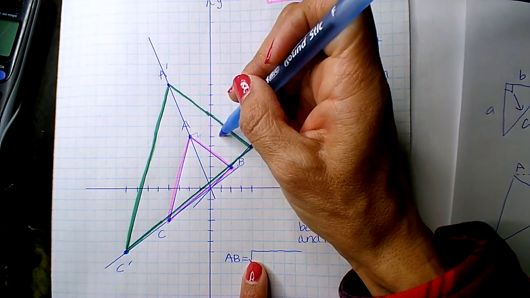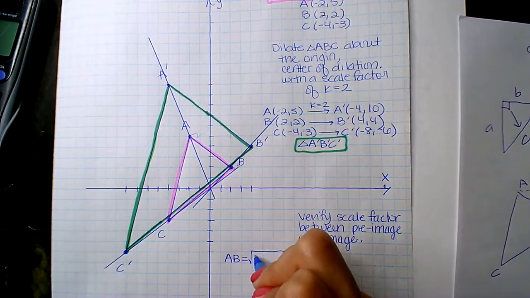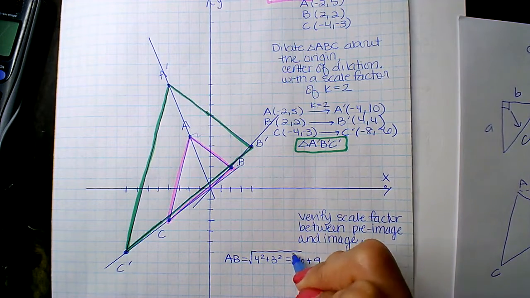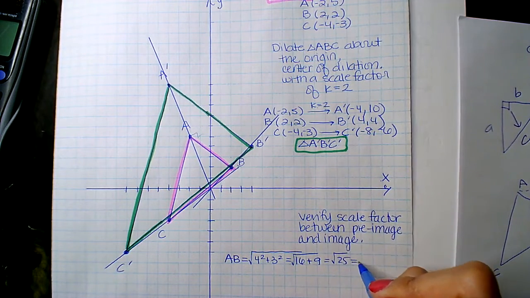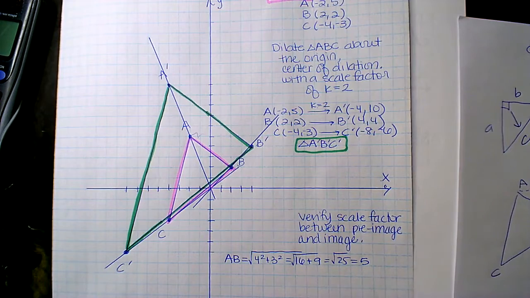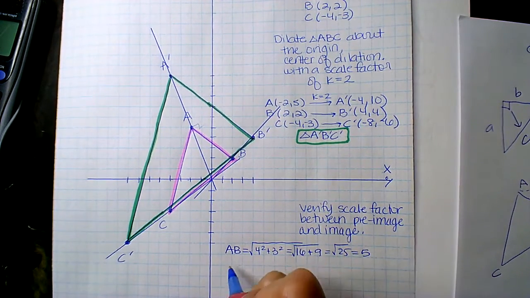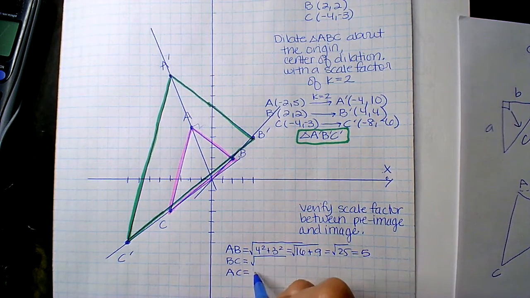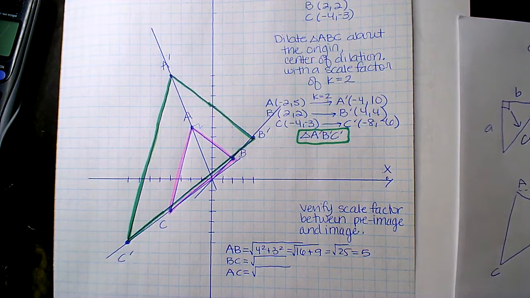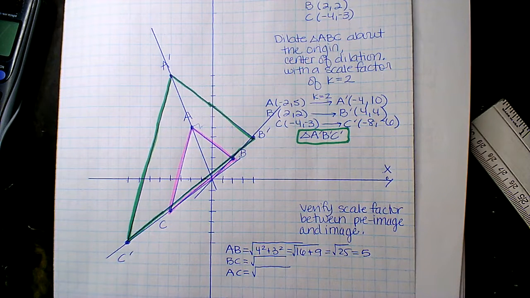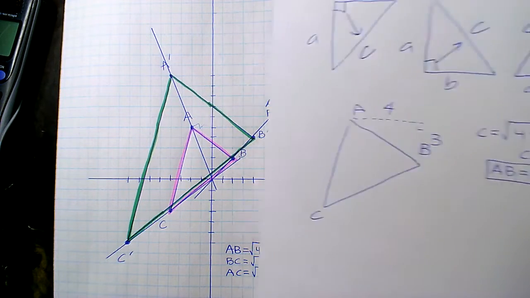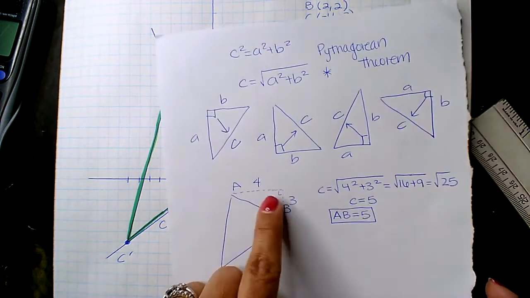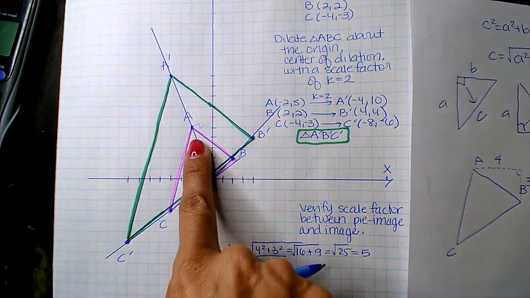So 1, 2, 3, 4, 4 squared, 3 squared, and then there's your 25, and so AB is 5. And so we're going to do it for the segment BC and the segment AC. We're going to do it 2 more times for that triangle to complete it. I'll do it on this paper because it'll get messy if I start writing all these numbers here.